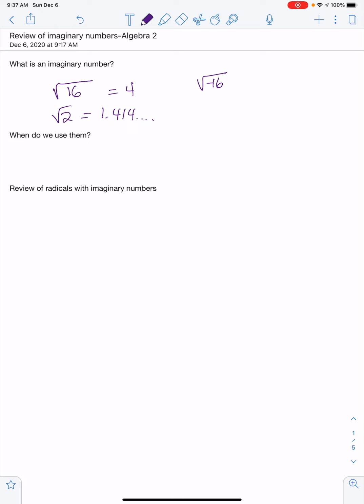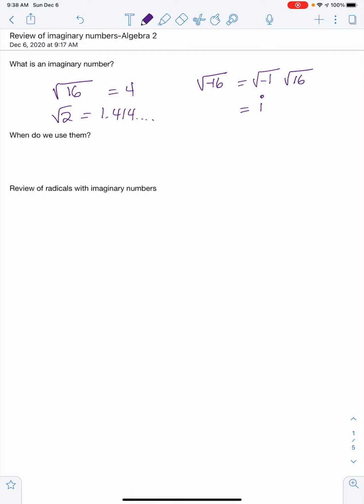So what you do is you break it into parts, and that's going to give you an imaginary part. So I'm factoring the negative 16. You make it be the square root of negative 1 times the square root of 16. And we've defined the square root of negative 1 to be i.